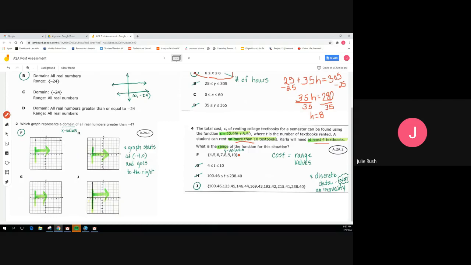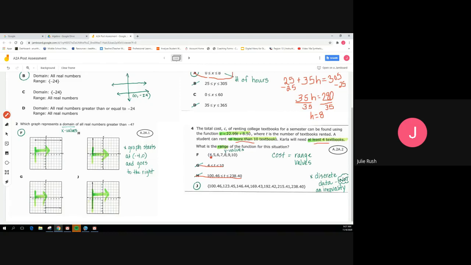So this is discrete data because books are individual and I can't have half a book or a partial book. So I'm automatically not going to pick the inequality ones because this should be discrete data. And then I'm looking at y range values, which is the cost.